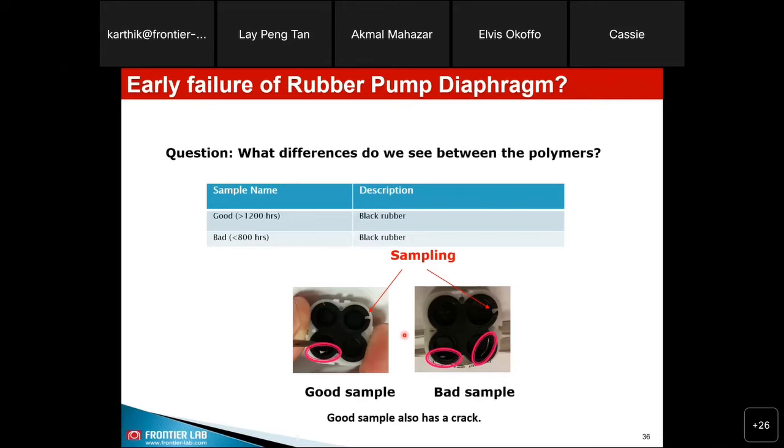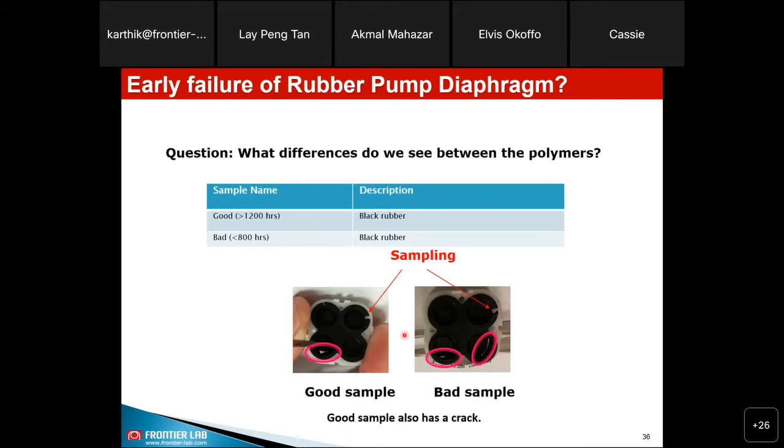Now, this technique has been widely used in R&D for reverse engineering as well as for failure analysis. Here I am showing one example of failure analysis. Rubber material is used for this diaphragm pump. Here we have a case where the diaphragm pump performance is affected between 2 batches.